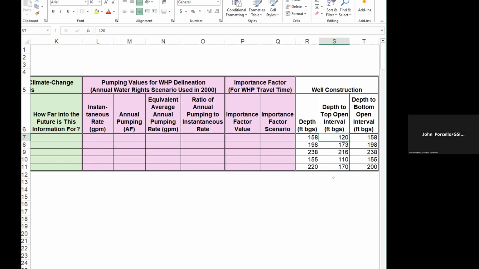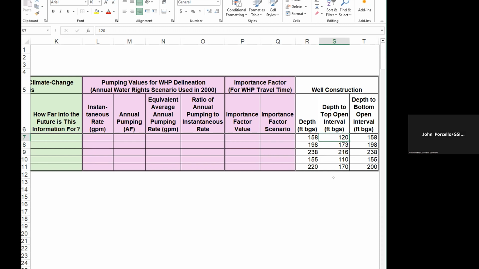Yes, and I'll need the coordinates, which I've indicated. We're working in the State Plane NAD 83 HARN system. That's what the model is set up in. I'll give you the coordinates that I have for all the wells that I know of. If there are any new wells, we'll need that information as well, or at least a good estimate.